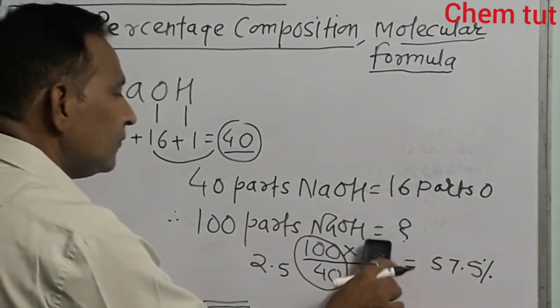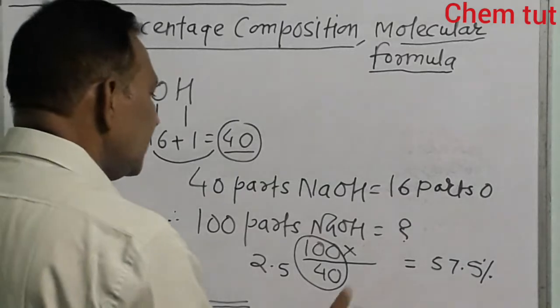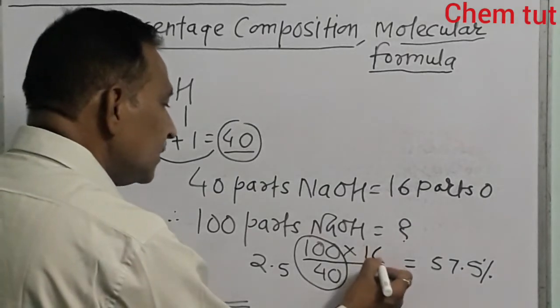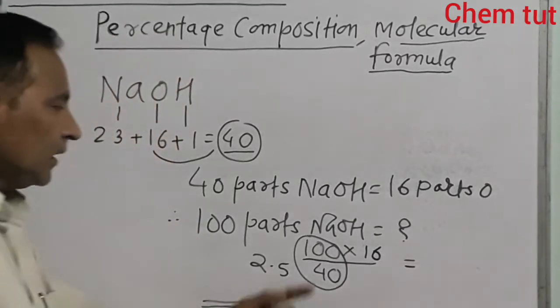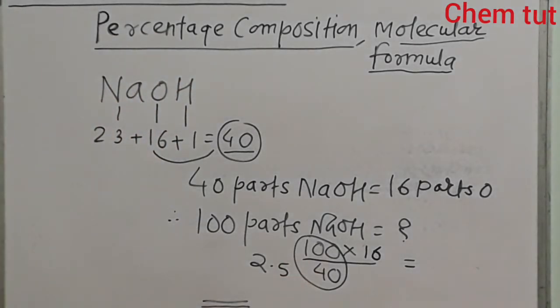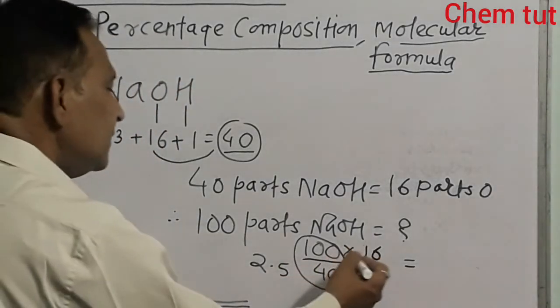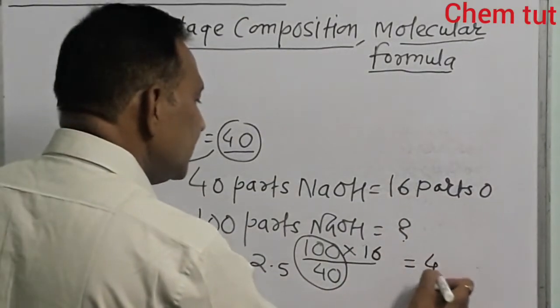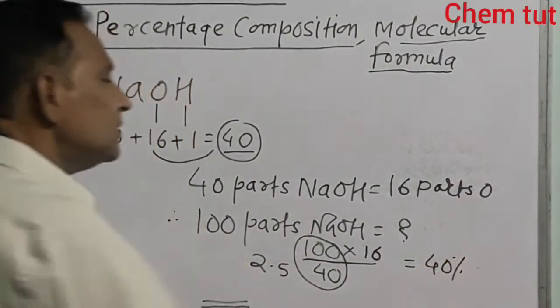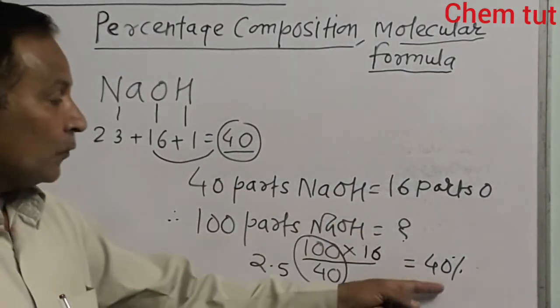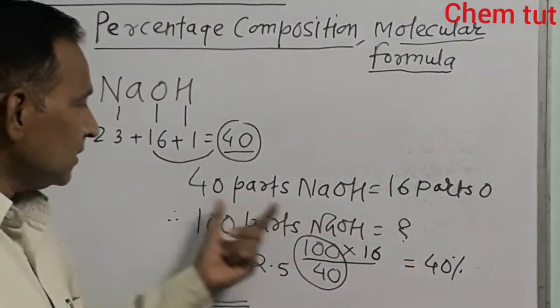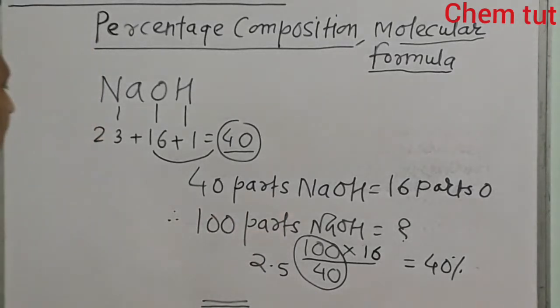By cross multiplication, it will be 16 into 100 divided by 40. Again, the factor 100 by 40 is 2.5, and if you multiply that by 16, the percentage comes to 40%. So friends, this calculation is so simple: 40% contribution of oxygen in 100 parts of sodium hydroxide.